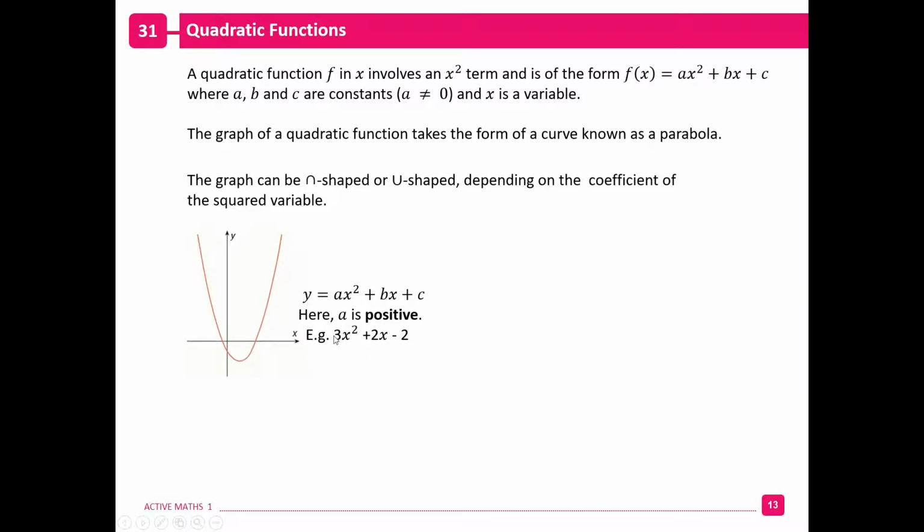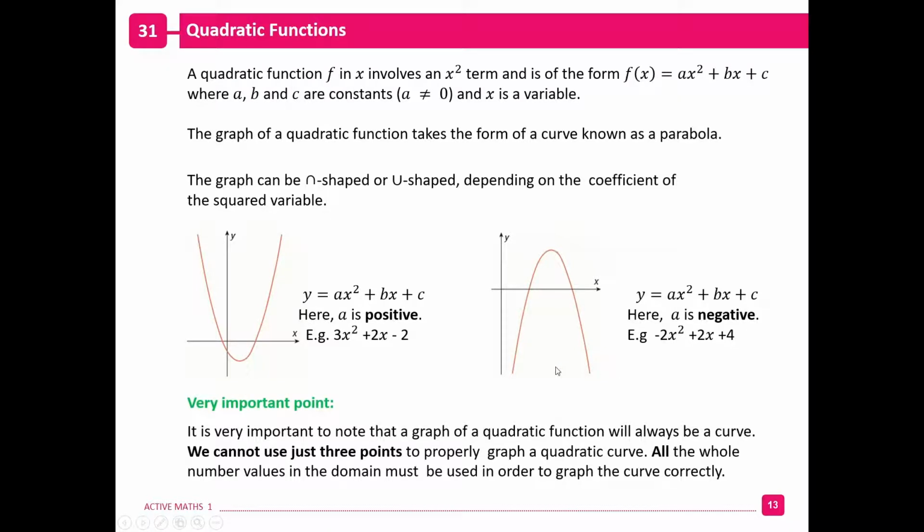So if this number is positive, then our graph will look like a smile, like a U shape. Alternatively, if we look at this function, we have a negative number, -2 for example, attached to the x squared. So the coefficient is negative, and that helps us to understand that our quadratic function will be a frown. It will be an upside down curve.